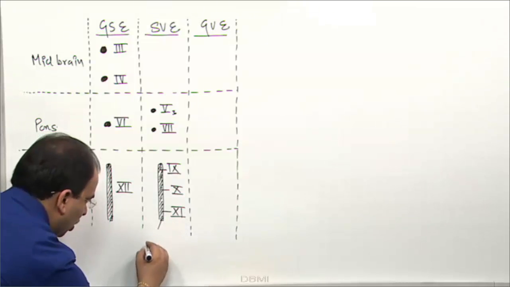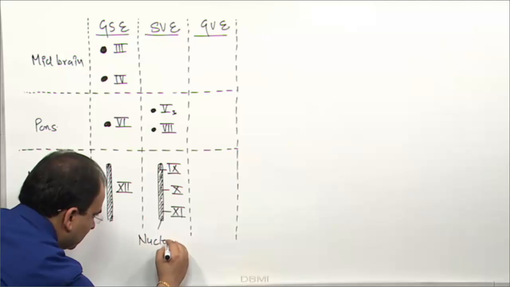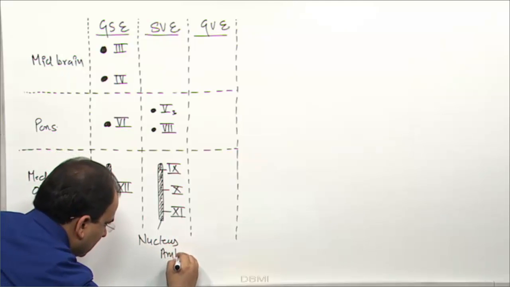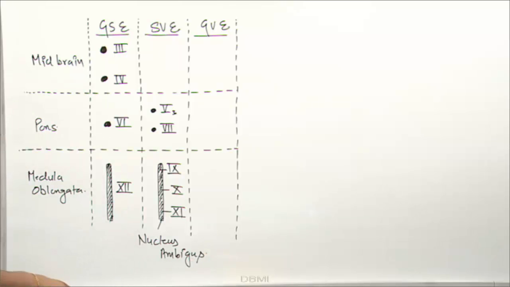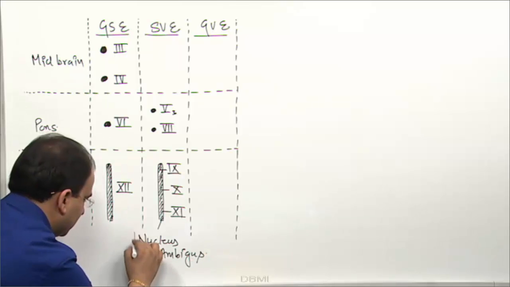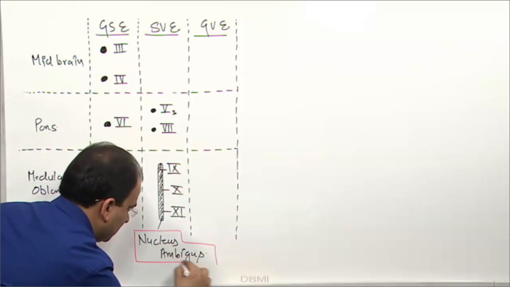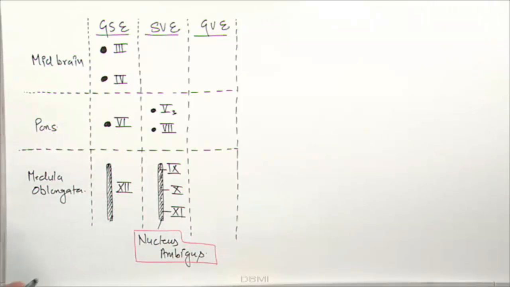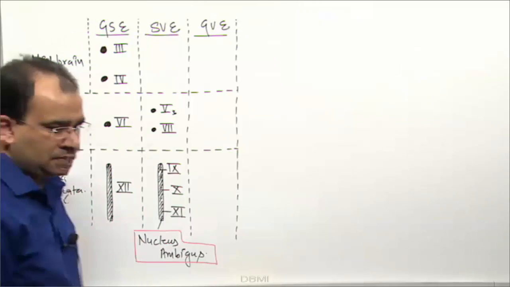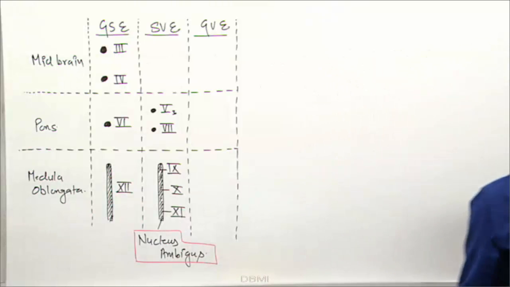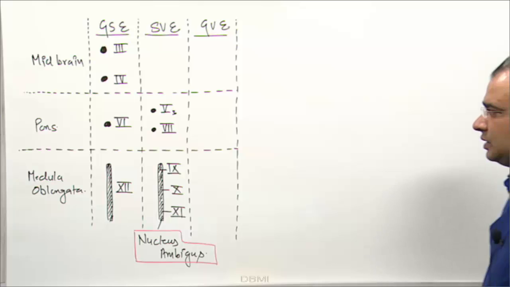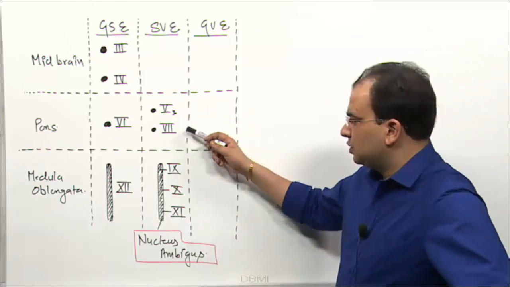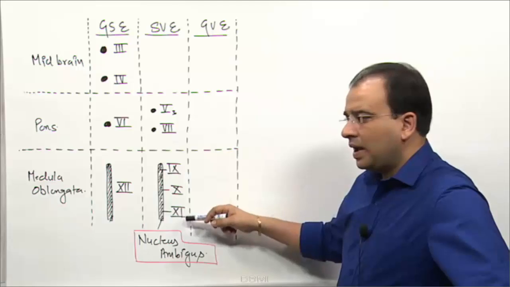Collectively this nucleus is called nucleus ambiguus. So 9th, 10th and 11th. Now mandibular and facial understood, 9th, 10th, and why 11th nerve?